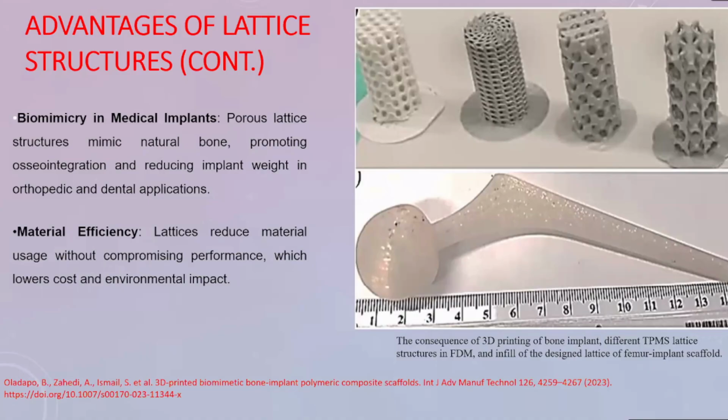We can also mimic those features in the implants which you are creating. And we can also study osseointegration, because those lattice structures not only reduce the weight or tune the properties, they also assist in improving bone growth. Then we can have better osseous integration for orthopedic and dental implants.